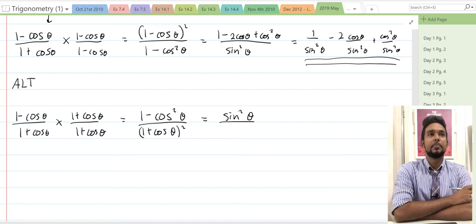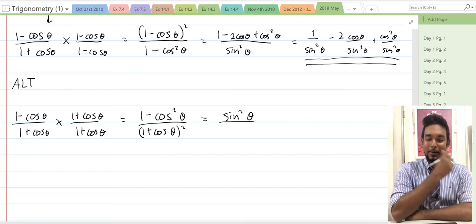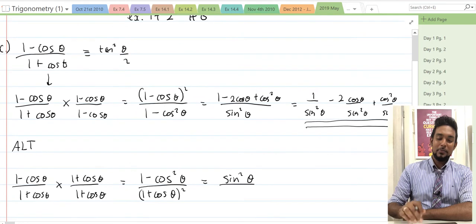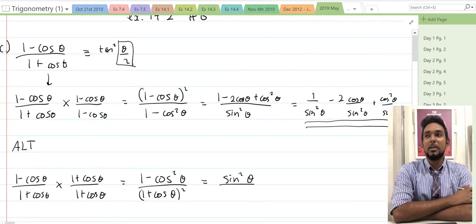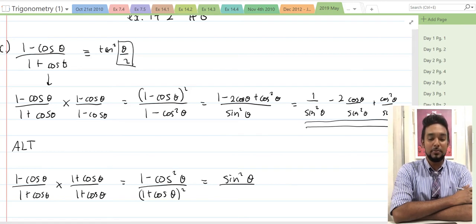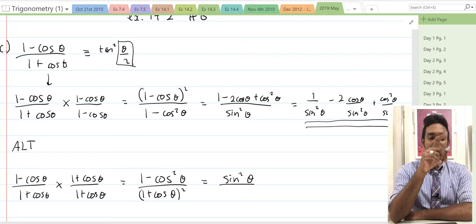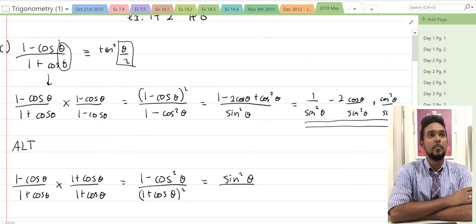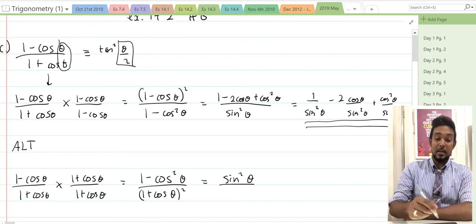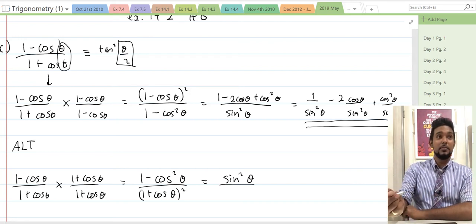Oh wait, I think the correct thing was looking us in the face all the time. Suppose we didn't have to do difference of two squares at all. Suppose all we had to do was start off by changing all of these thetas to theta over 2. Isn't that where we want to go, to a theta over 2 answer?